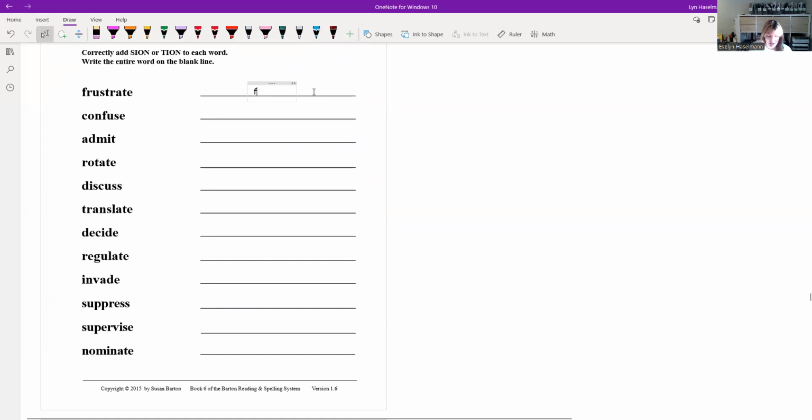Okay, so frustration, confusion, admission, rotation, discussion, translation, decision, regulation, invasion, suppression. Ooh, typo in there. And nomination.